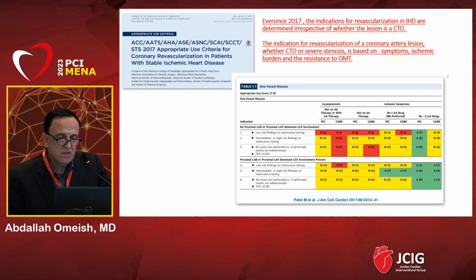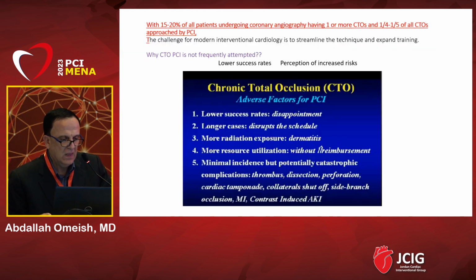Ever since the year 2017, the indications for revasc in ischemic heart disease are determined irrespective of whether the lesion is a CTO. The indication for revascularization of a coronary lesion, whether CTO or severe stenosis, is based on symptoms, ischemic burden, and resistance to optimal medical therapy.